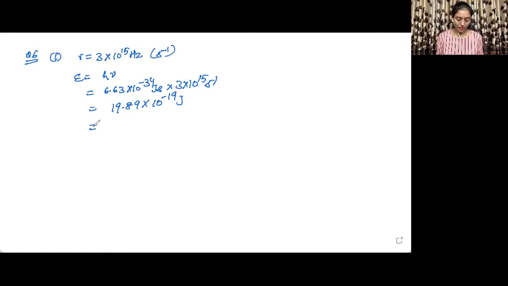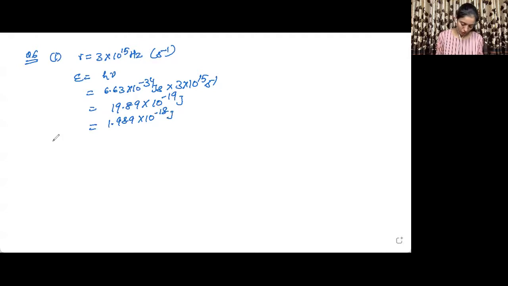Now you can just write it in the scientific notation. It will be 1.989 into 10 raised to the power. Because we are moving the decimal point towards the left hand side, 1 will be added to it. So just let me check. 34 minus 15 is coming out to be equal to 19. All right. So this is minus 18 joule.